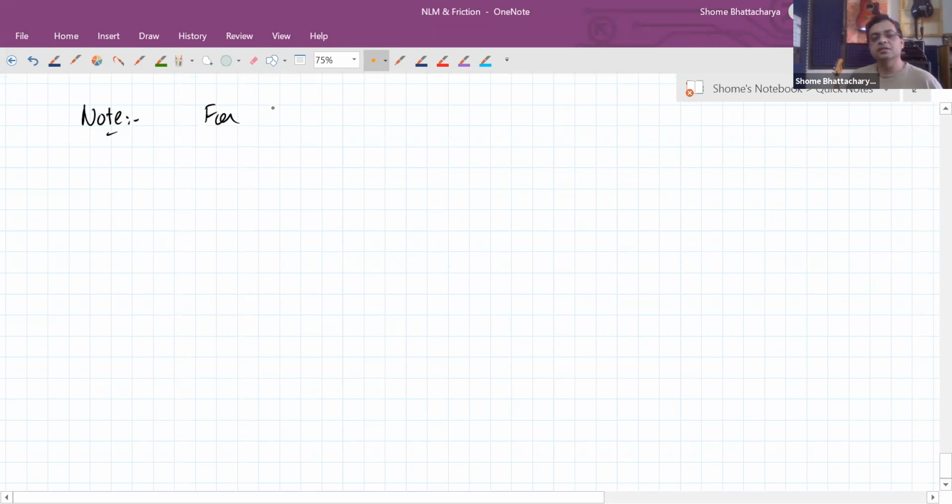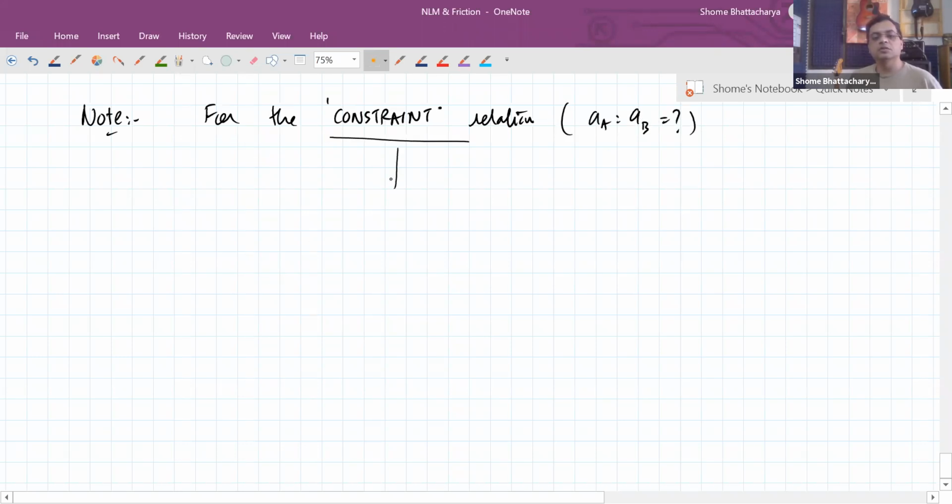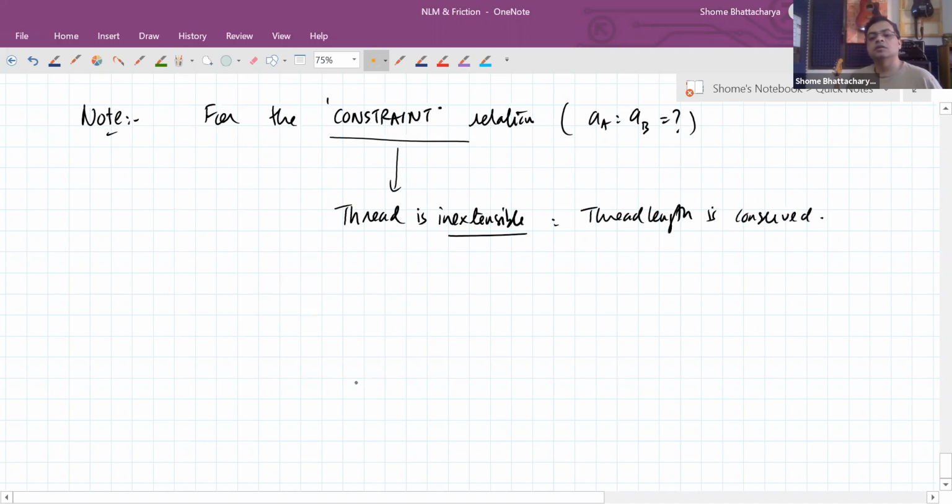For the constraint relation, we'll use the constraint that the thread is inextensible. So that means its length is conserved.